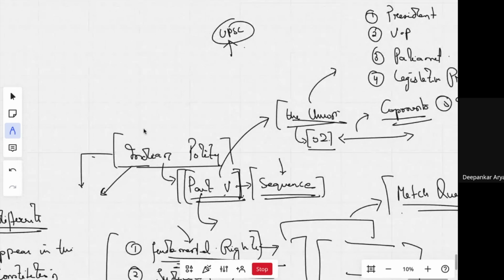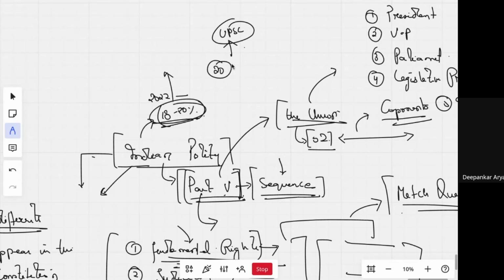Indian polity is one section where in 2022, 23, 24, we have seen that they have asked around 18 to 20%. So if, let's say, 20 questions have been asked, at least 15, 16 questions are associated with Indian polity, especially the constitution part.